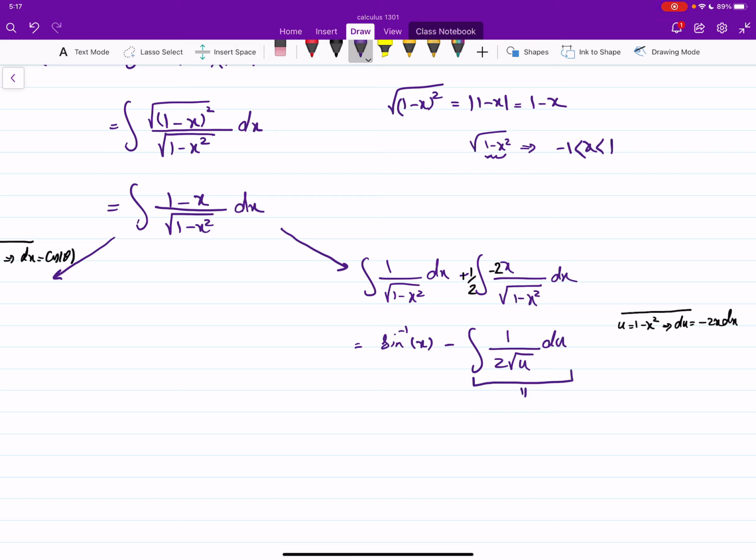Because this is the derivative of just root u, and that means that we have root 1 minus x squared there. Oh, this must be plus, yes. So we have sine inverse of x plus root 1 minus x squared plus c.